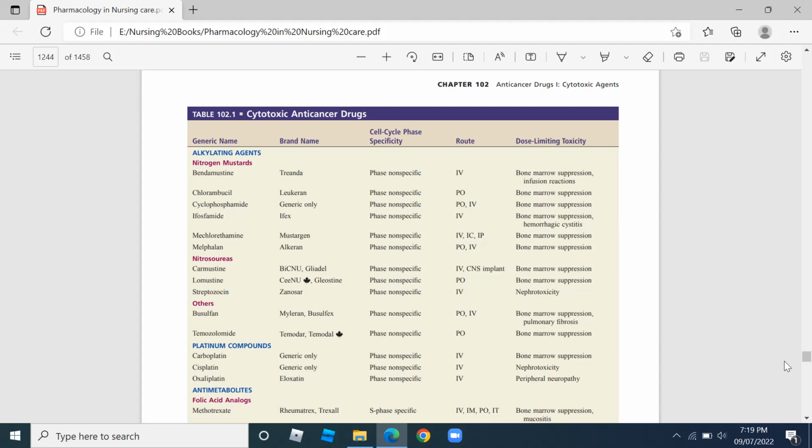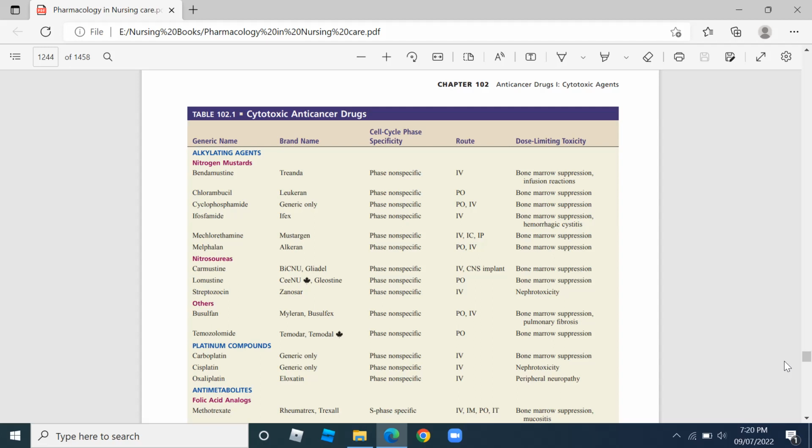Other than alkylating agents, we have another group, the platinum compounds, in which platin is the suffix of all members, namely carboplatin, cisplatin, and oxaliplatin.